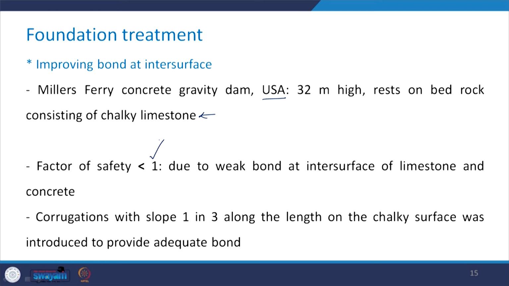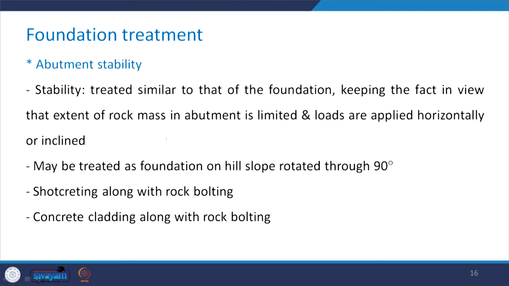So what was done in this case is that corrugations with a slope of 1/3 along the length on the chalky surface were introduced, and this provided the adequate bond at the intersurface of limestone and concrete, and thereby it enhanced the factor of safety, which was earlier less than 1 and later on was improved.